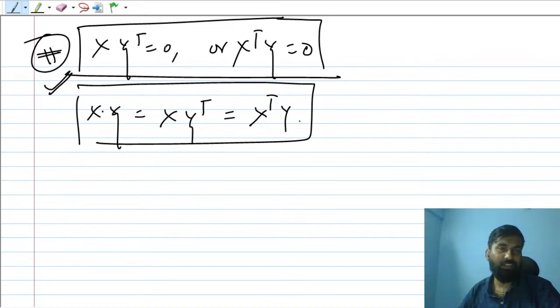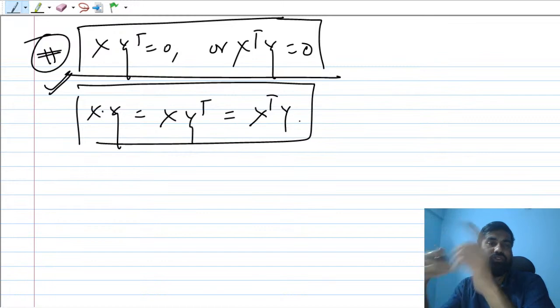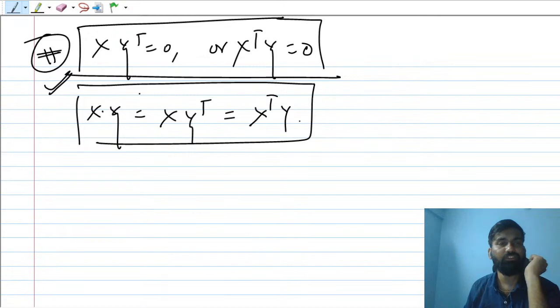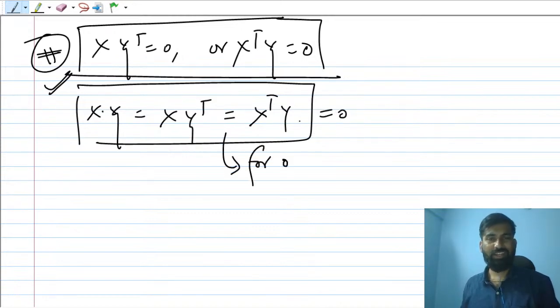In the examination they might give it in terms of transpose: multiply a matrix with the transpose of the matrix and take the dot product. This is just simple multiplication; the dot product is the multiplication of components, performed component-wise. Whether 2D or 3D, it should be equal to 0 for orthogonality.